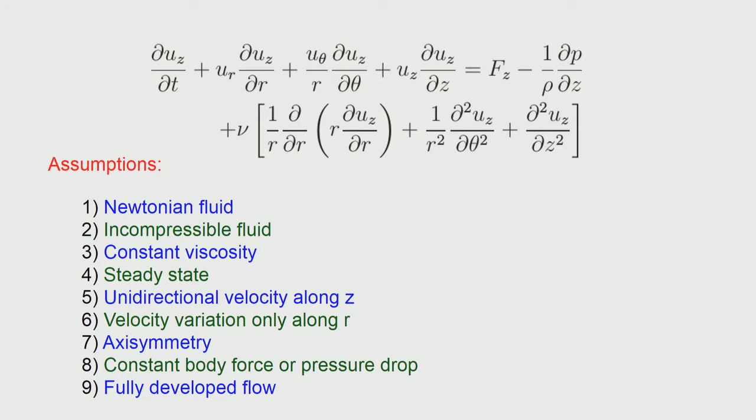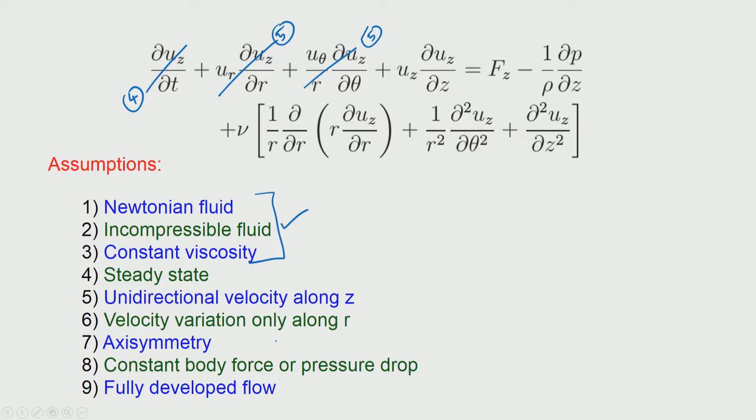So, that is quite straightforward. We basically have the same equation that is written, and we take the steady state assumption and unidirectional velocity along z. So, u theta is not there, and then u r is not there, and then velocity variation is only along r.